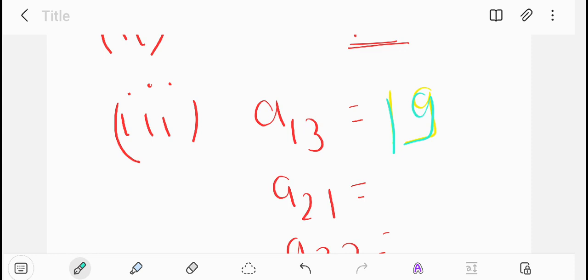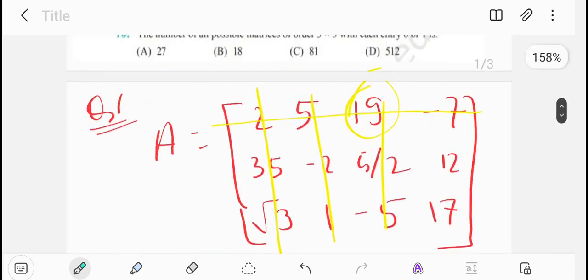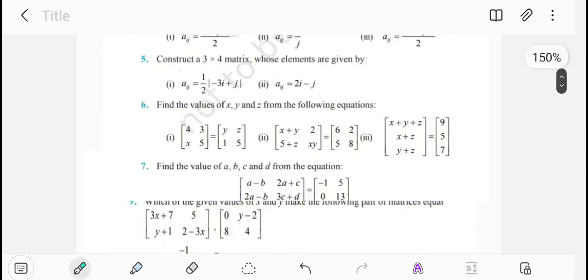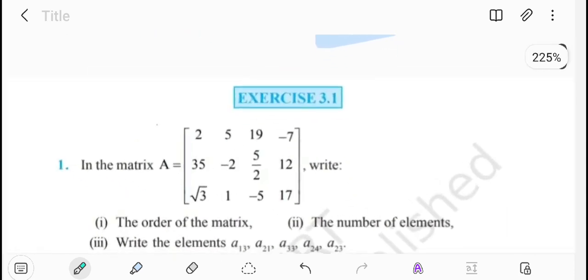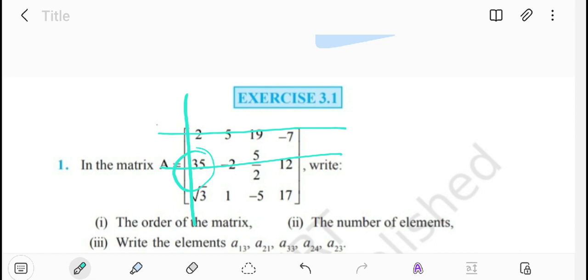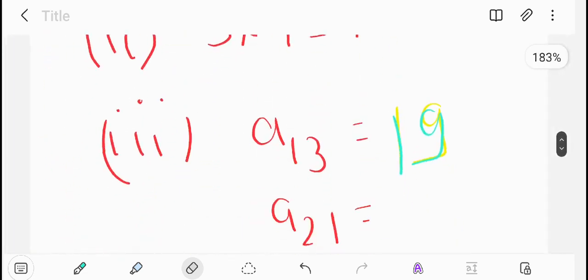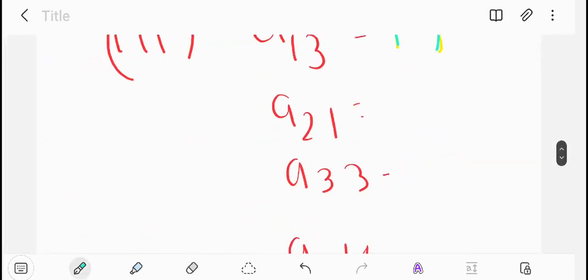Yes. So A21. A21 is the second row and first column, that is this very element. In the second row and first column, the element is 35.